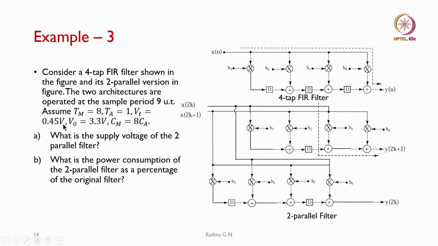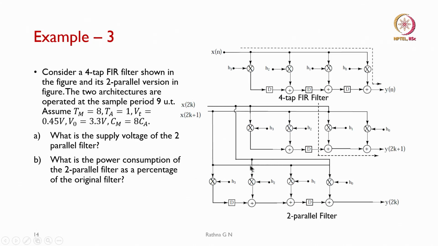V naught is equal to 3.3 volts, which is the supply voltage, and the capacitor for the multiplier is equivalent to 8 times that of the adder. The question is: what is the supply voltage of the 2 parallel filter, and what is the power consumption of the 2 parallel filter as a percentage of the original filter?